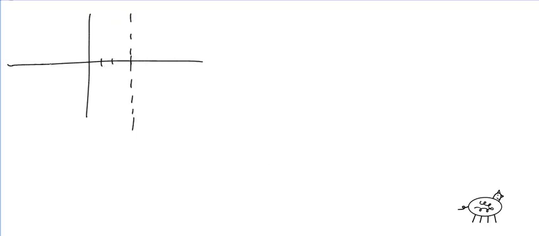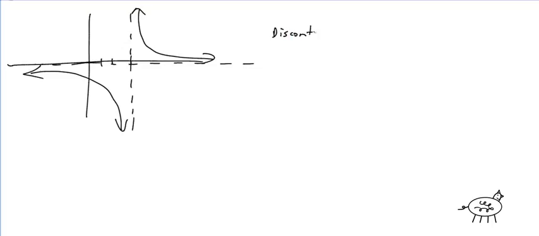Okay, so we got an asymptote there, asymptote there, and then my graph is going to look like this. And you're going to say it's discontinuous again at x equals 3, and this is called, well, first of all, it's non-removable because I can't just plug the hole by assigning a value, so it's a non-removable discontinuity.